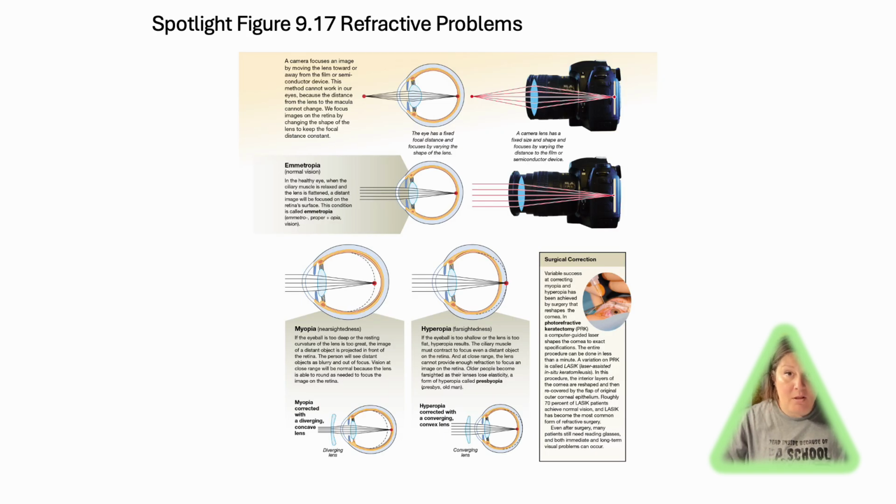Now, there are a couple of refractory problems that we can take note of. For example, myopia. That is nearsightedness, and I always have to think about this. So the way that I can recall this is that when I am close, I can see.